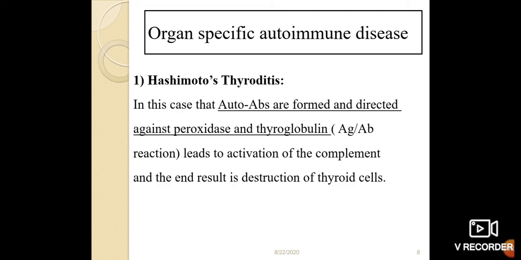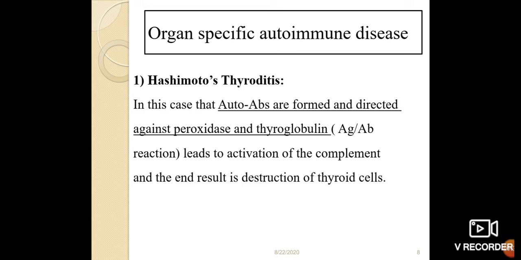First, we're going to discuss organ-specific autoimmune disease like Hashimoto's thyroiditis. In case of Hashimoto's thyroiditis, there is autoantibody production directed against peroxidase and thyroglobulin, resulting in binding with peroxidase and thyroglobulin.